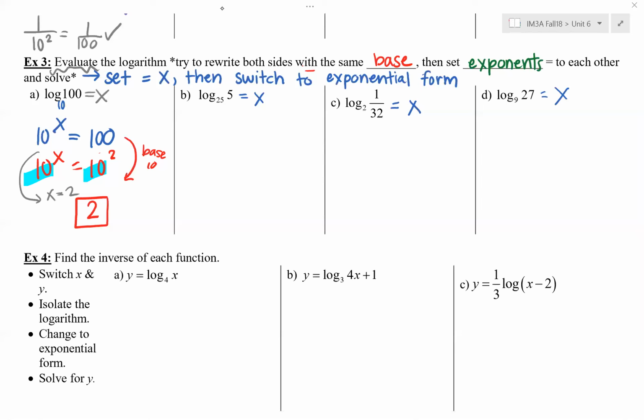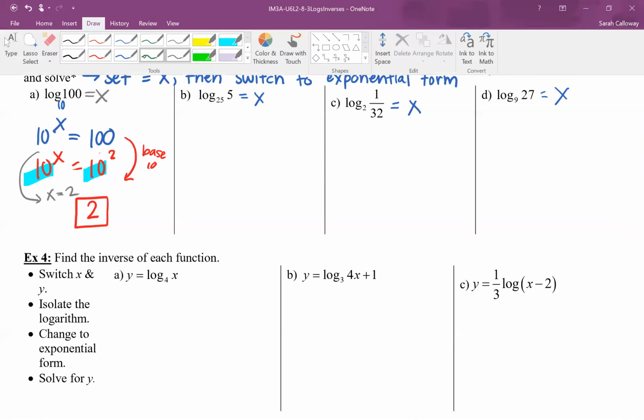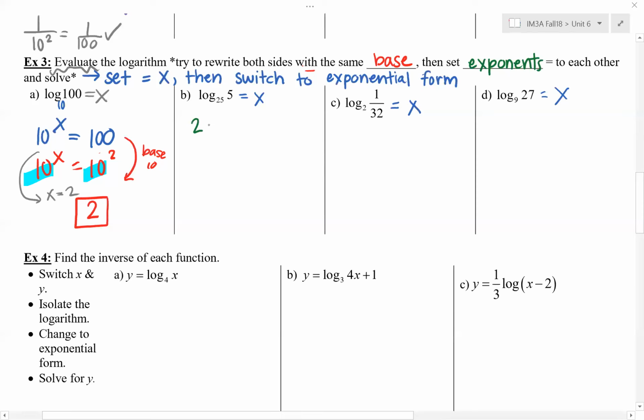Okay, so if we switch this next one into exponential form, we get 25 to the x power equals 5. And so what's going on here is 5 is smaller than 25, so I can't rewrite 5 as a power of 25 the way that I was able to here.